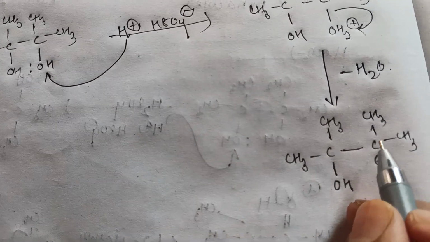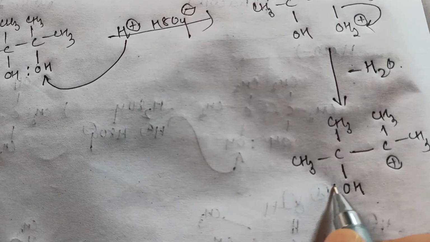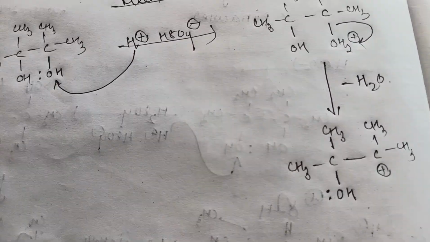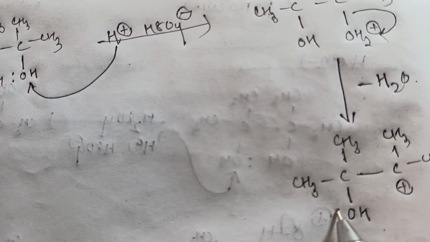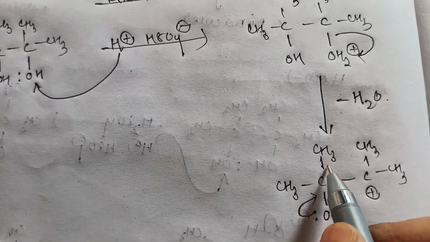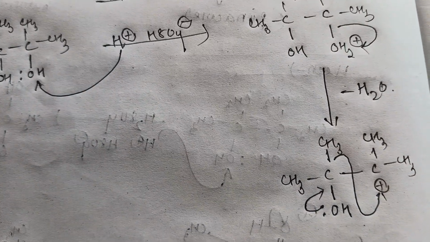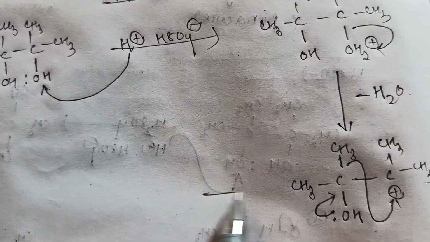So carbon wants to become neutral. How is it possible? The oxygen has a lone pair of electrons, so it will shift its lone pair of electrons towards this, and this CH3 group acts as a leaving group, or the shifting takes place from this position to this position.